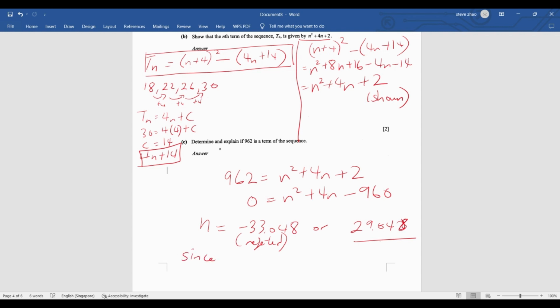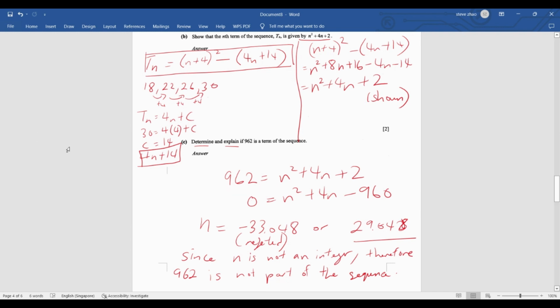Since they ask you to determine and explain, you must have an explain portion. Since n is not an integer, therefore 962 is not part of the sequence. Here we go.